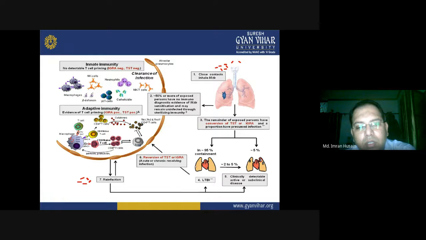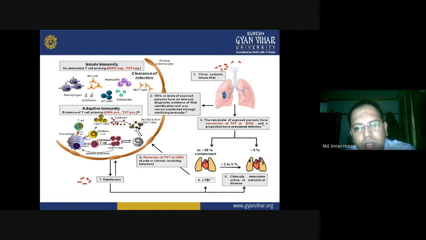Then it leads towards the action of CD8 cells, and CD4 cells are also produced. Then cytokines are produced in response. The Th1, Th2, and Th17 CD4 cells are formed, and they are readily present in us inside the alveolar pneumocytes.